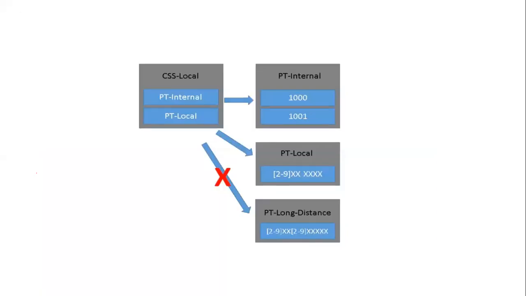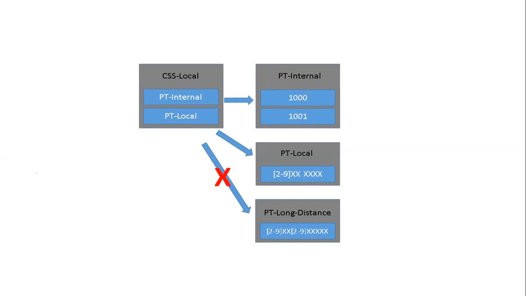This completely depends upon the scenario of a lock and key. CSS is a list of keys, and partitions are the locks. So this CSS local has 2 keys within it: PT internal and PT local. To access the lock PT internal, the CSS should have PT internal within it to reach the 1000 numbers.